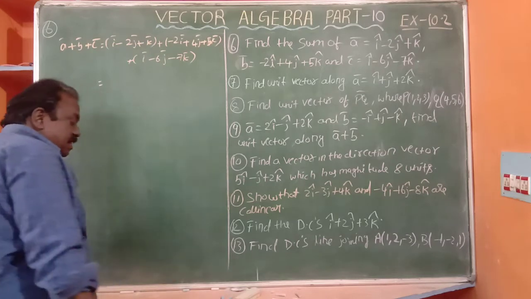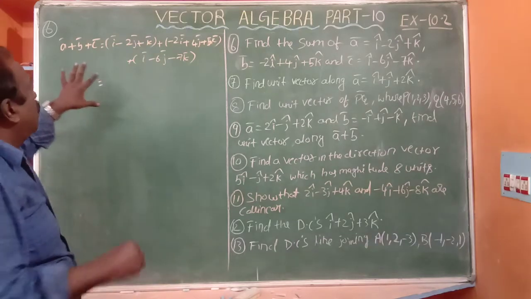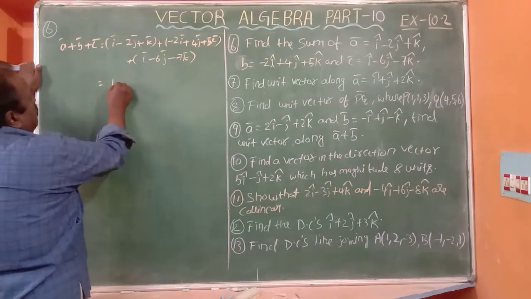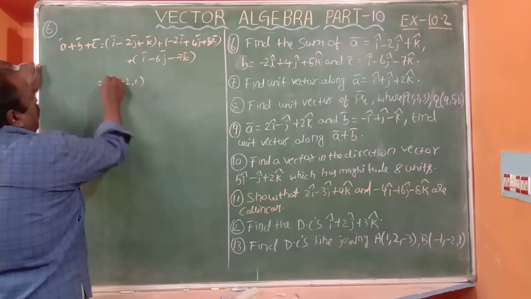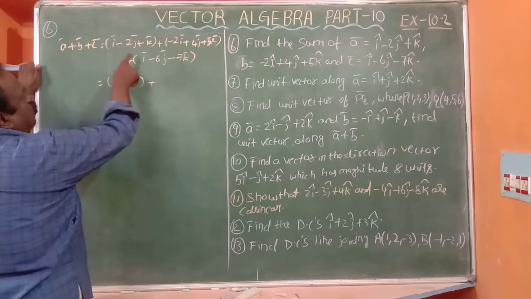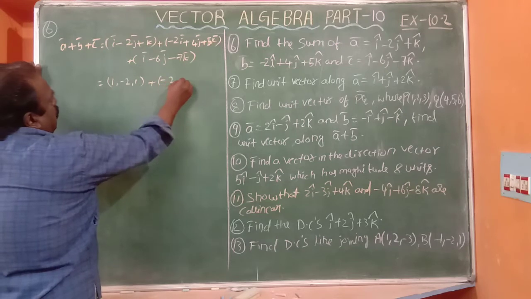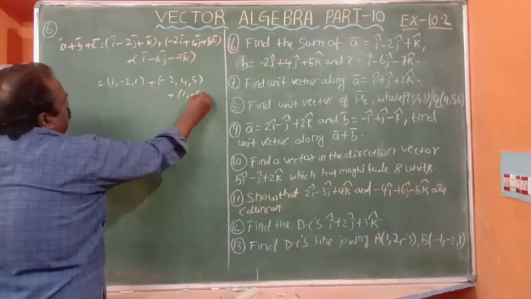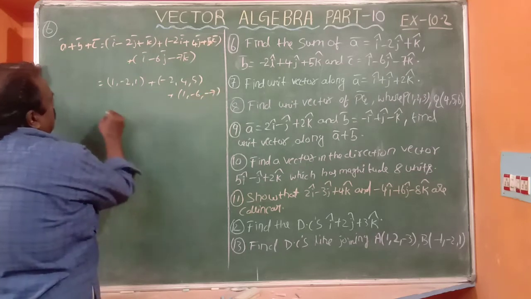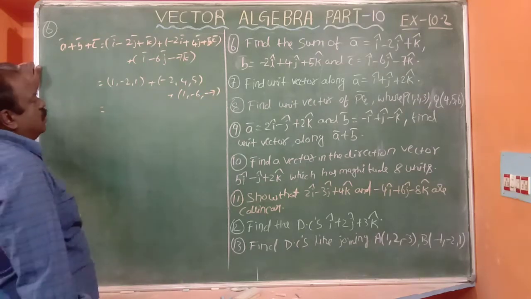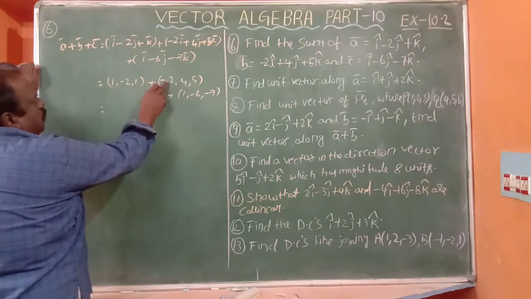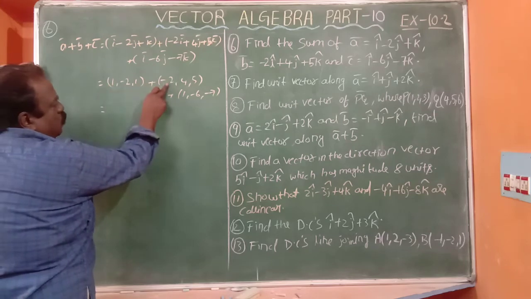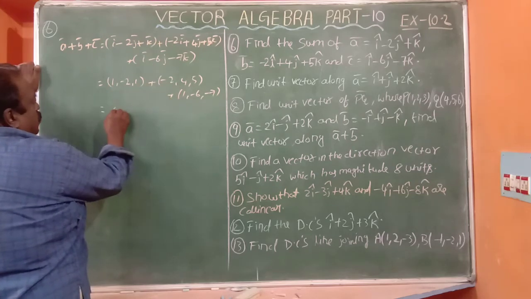You have to practice like this. You see, I am using the coordinates here: 1, minus 2, 1; minus 2, 4, 5; 1, minus 6, minus 7. You see, 1 minus 2 plus 1 is 0.